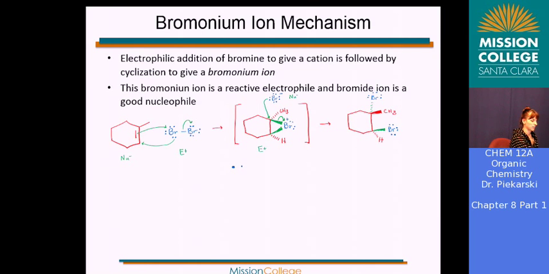is that the incoming bromide nucleophile attacks the more substituted carbon on the opposite face of the bromonium ion.